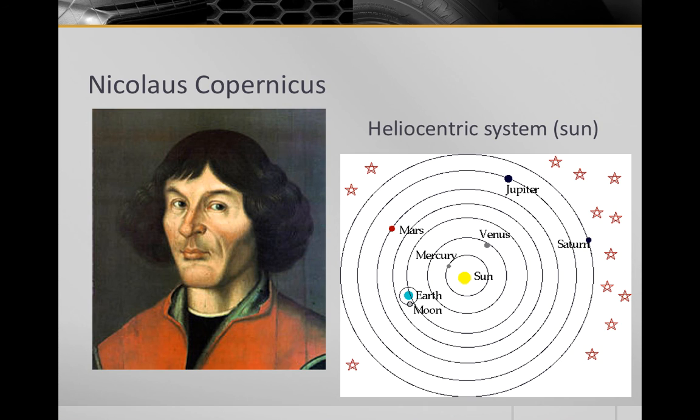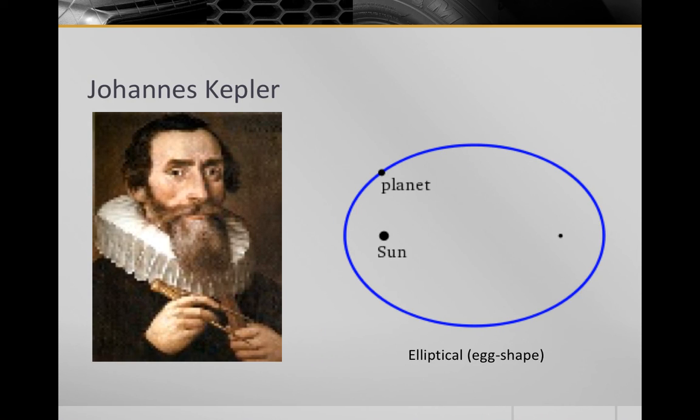So initially, this was kind of his idea to present this findings. Now, not all people were going to accept this belief. We'll see that more a little bit later, but he's kind of the first to present this idea. So then other astronomers come along and kind of build on this idea and kind of also confirm the heliocentric universe. So our next person is Johannes Kepler.